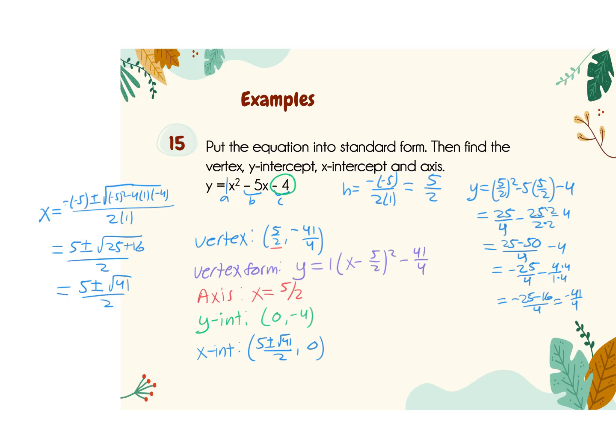Each part of it isn't really super complicated. Like just finding the vertex, okay, negative b over 2a, plug it in, right? Just finding vertex form, get your vertex, plug it in, right? Just finding the axis of symmetry, you just need the x-coordinate of your vertex, right? But it's piecing it all together and doing everything in one problem that could get a little challenging, right?